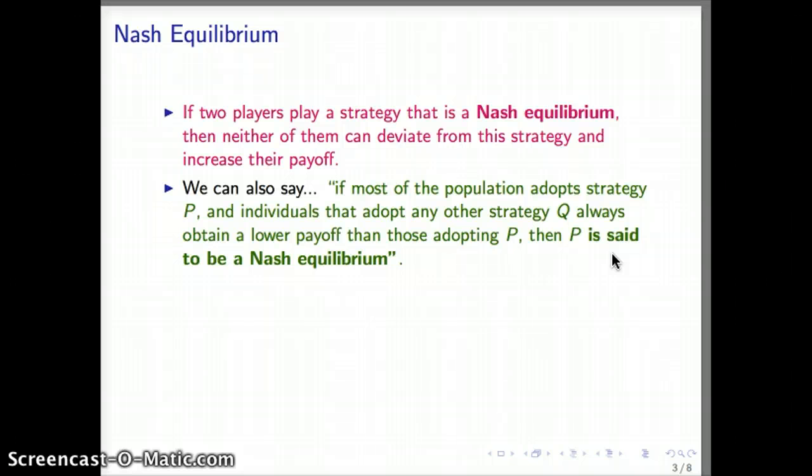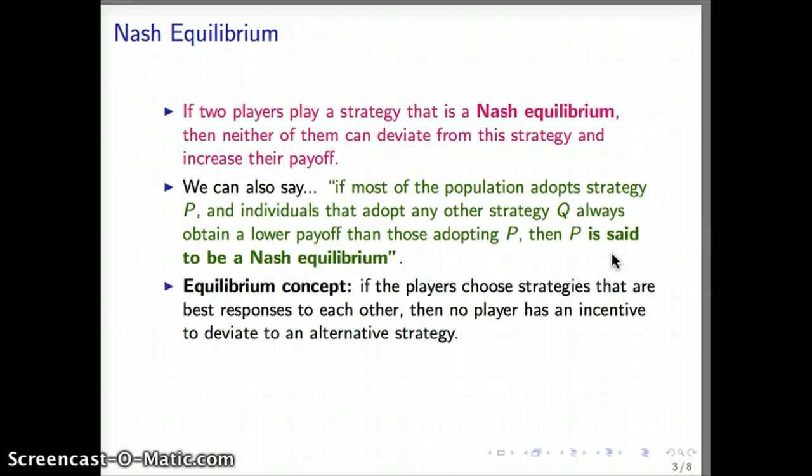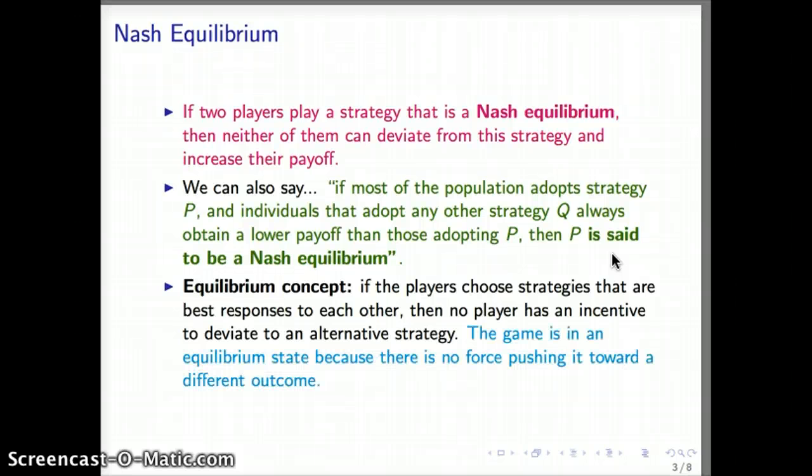If most of the population adopts a strategy P and individuals that adopt any other strategy Q always obtain a lower payoff than those adopting P, then we say this strategy P is a Nash equilibrium point. We have seen this concept of equilibrium basically relying on there being no force pushing towards a different outcome.